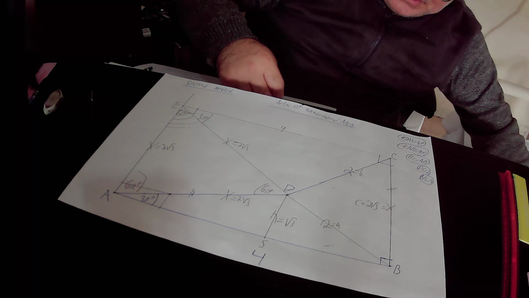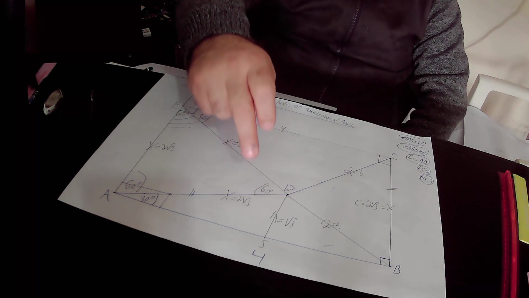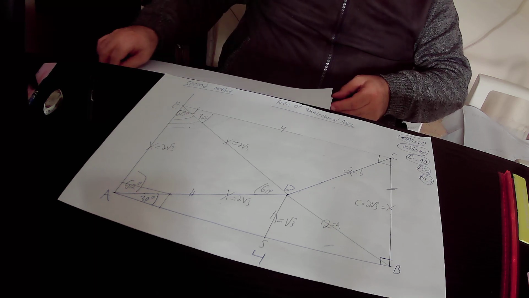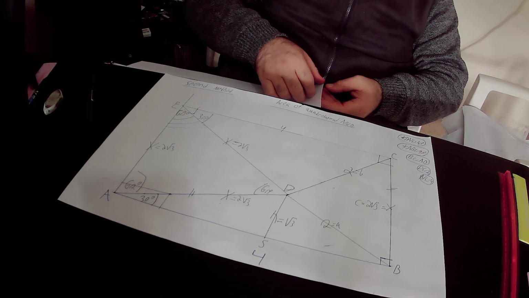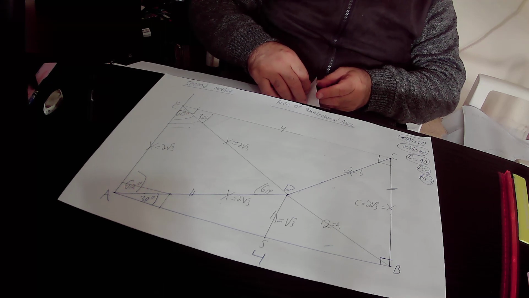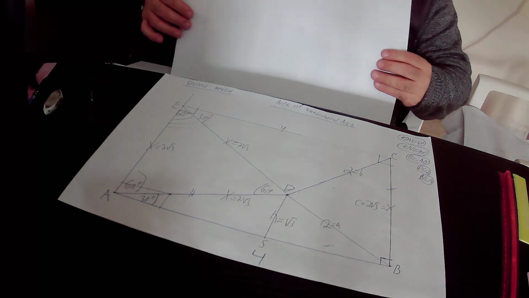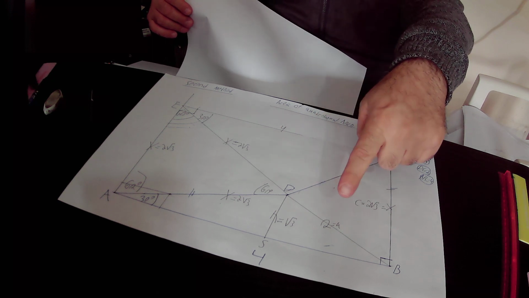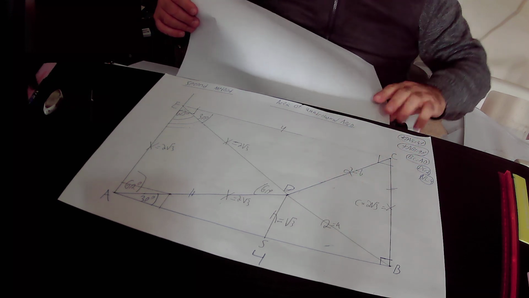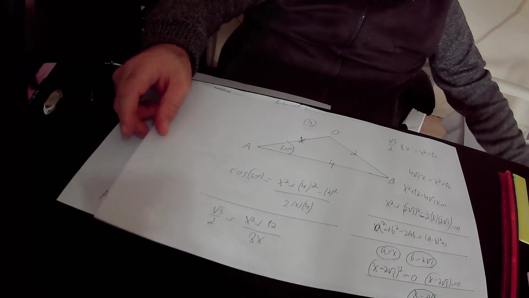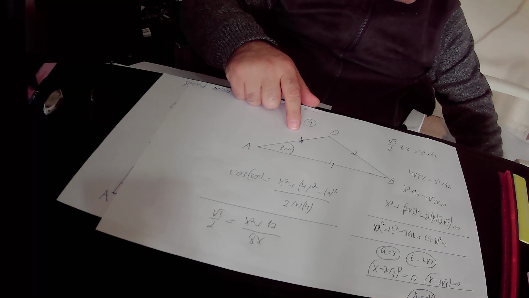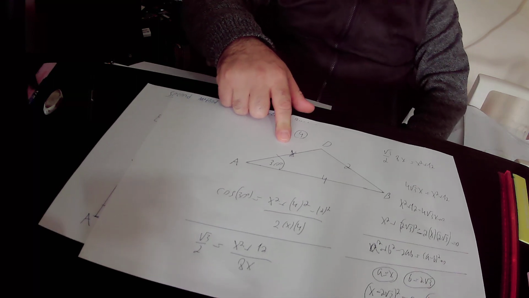Then I copied triangle ADB onto a new page. This is triangle ADB, and we implemented the law of cosines on this triangle.